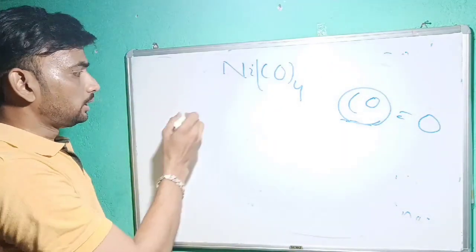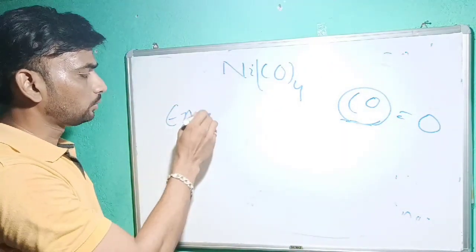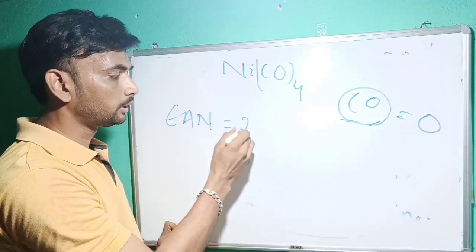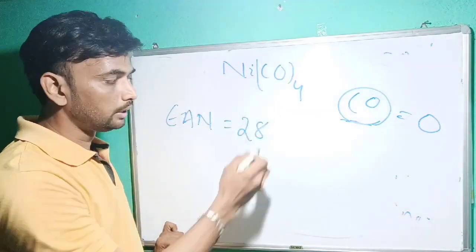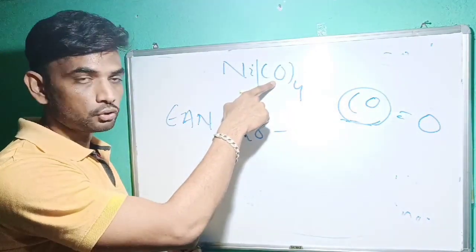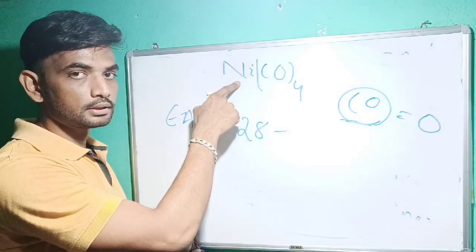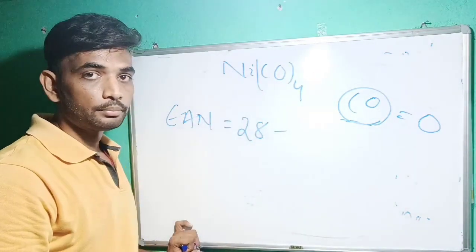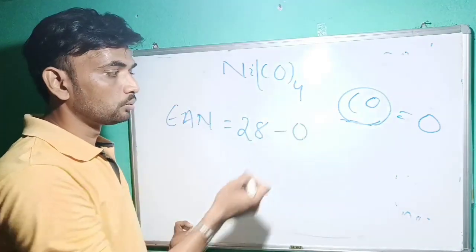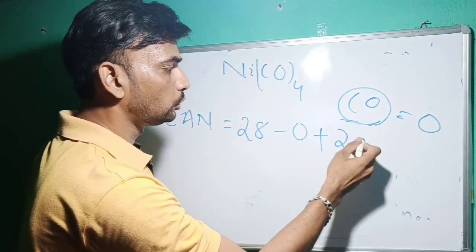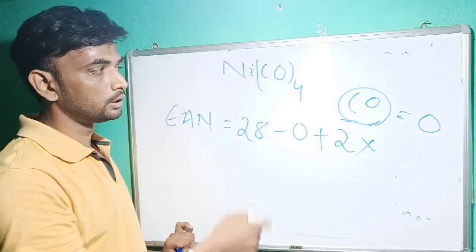Here we can calculate EAN, that means the atomic number of the metal atom, nickel 28, minus the oxidation number. Here, 4 into 0 plus x is equal to 0, so x is equal to 0. 28 minus 0 plus 2 into the coordination number.